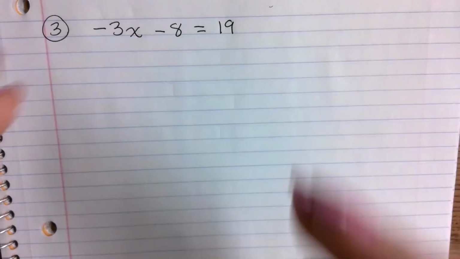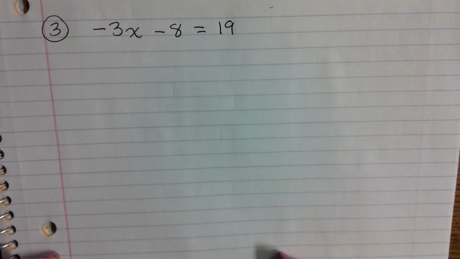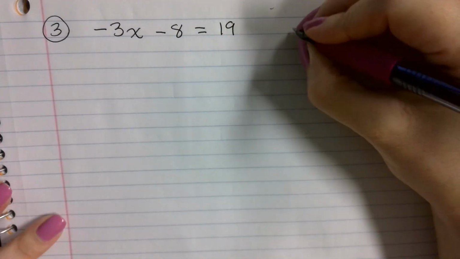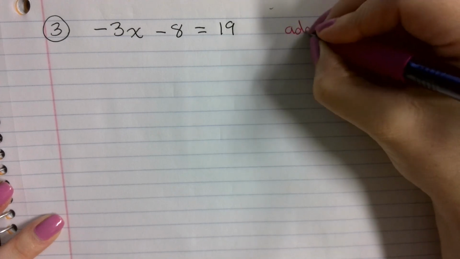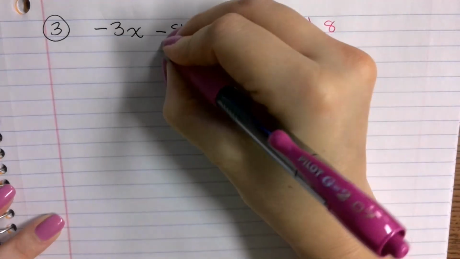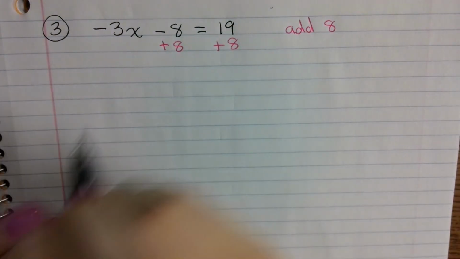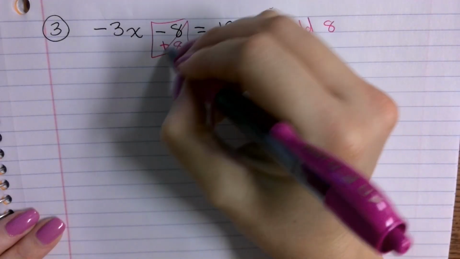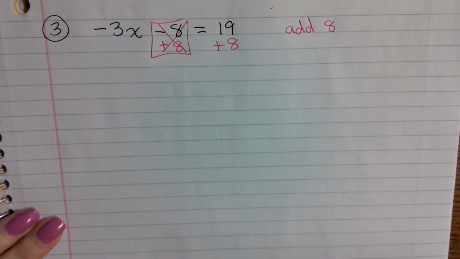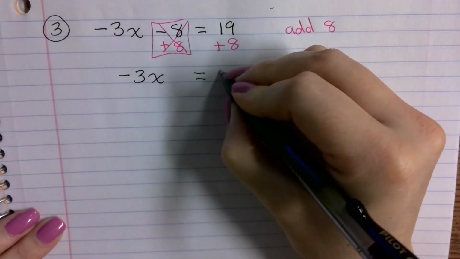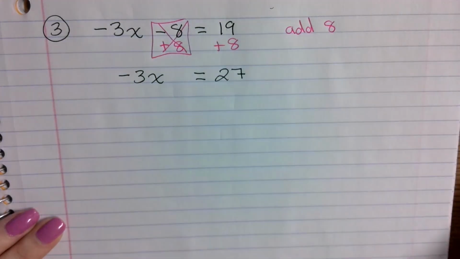So going back to your notes for scenario 1, we get rid of addition or subtraction first. In this case, we're going to add 8 to both sides. That's going to leave us with negative 3x is equal to a positive 27.